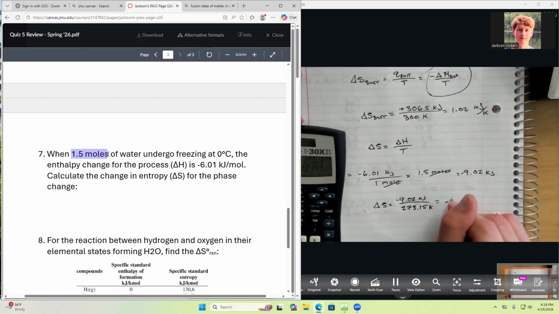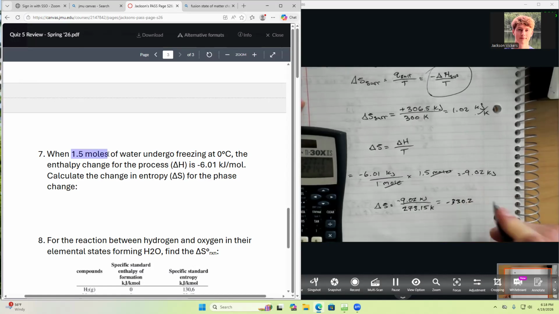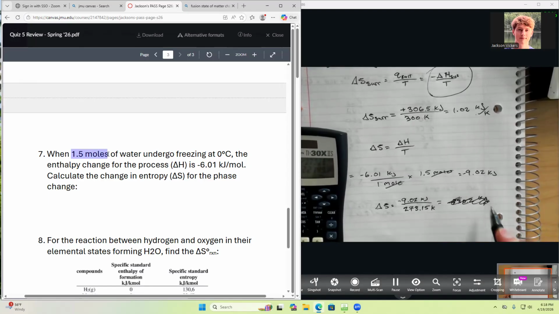And so the answer to this one is negative 0.0330 kilojoules per Kelvin. Sorry, I put it the wrong way. My bad. So what I'm going to do in a second, because this looks like a weird answer, is turn it into joules.